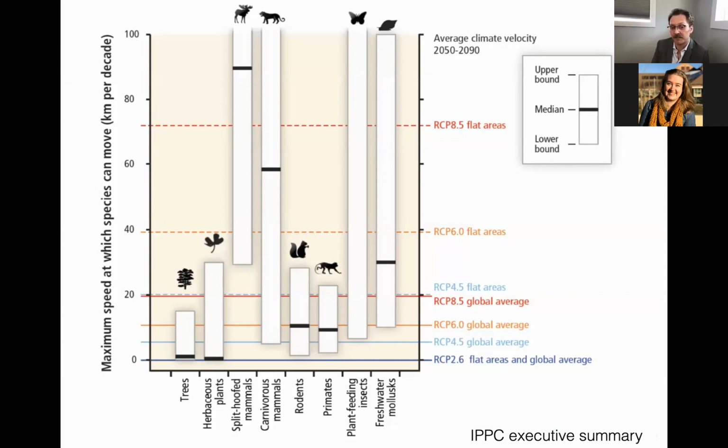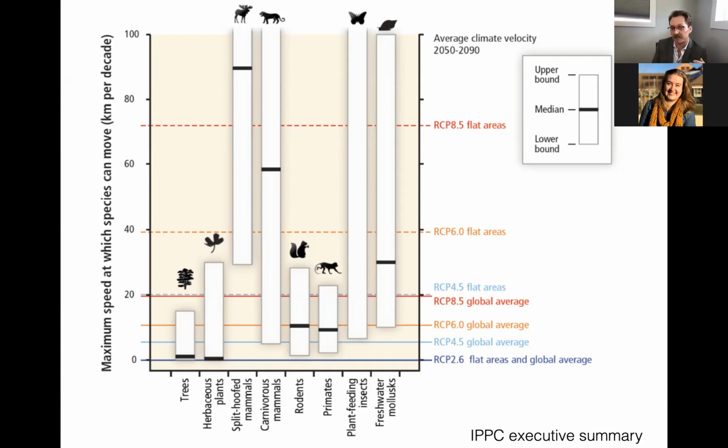So this is from the IPCC executive summary. And what you're seeing on the y-axis is how fast species can move. This is like a geographic trajectory of a pocket of good climate that's moving northward. And for some species like a butterfly, they move long distances for part of the year, and then they need to cocoon down for part of the year.